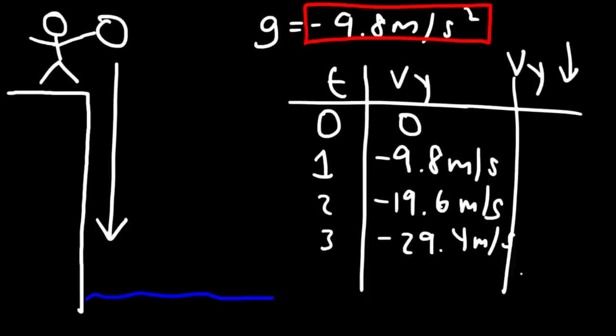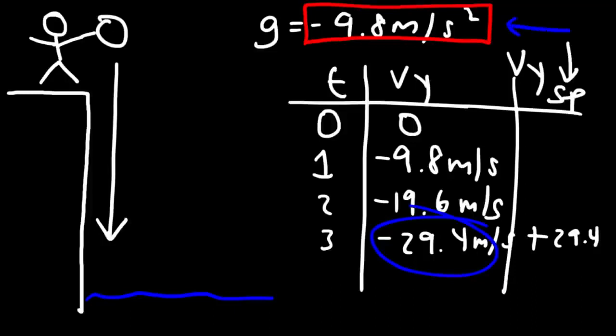So if you were asked, what is the speed of the ball? Let's say 3 seconds later, it's going to be positive 29.4 meters per second. But if a test question asks you for, let's say, the velocity of the ball 3 seconds later, you should say it's negative 29.4 meters per second because it's going in the negative y direction. And so hopefully this number makes more sense.